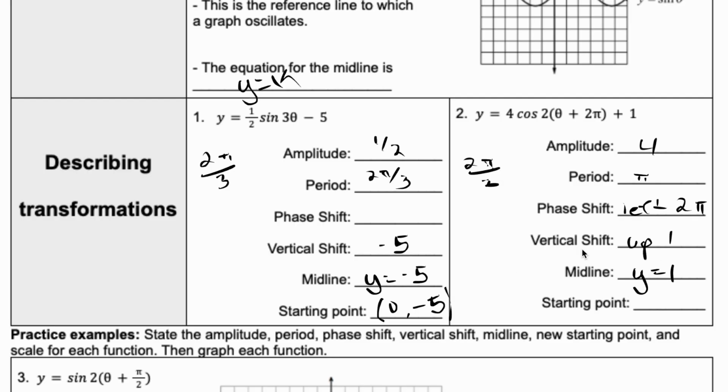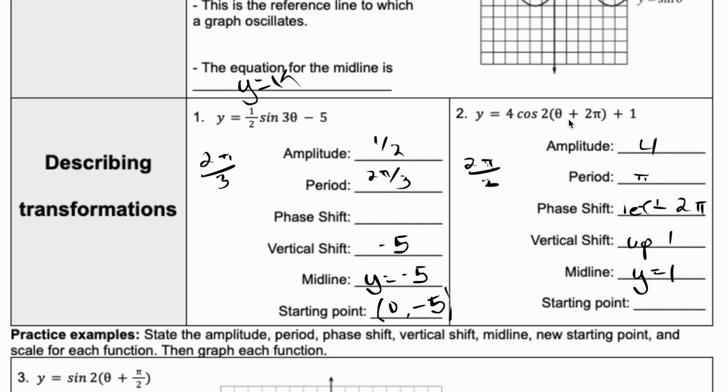And then our starting point, let's plug in 0 for theta. 0 plus 2 pi is 2 pi. 2 pi times 2 is going to give us 4 pi. If we think about this on the unit circle, 2 pi is 1 full rotation. If we multiply that by 2, we're just doing 2 full rotations.